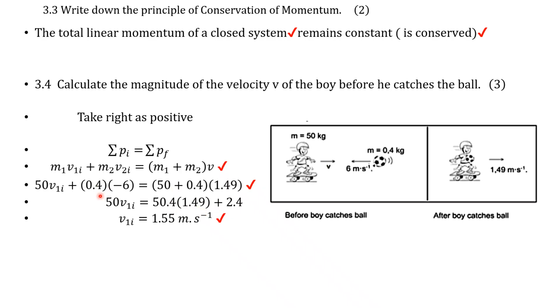If I multiply this out, the negative 2.4 becomes plus 2.4. Add that and divide by 50 and we get the initial velocity of 1.55 meters per second. That is for the boy on the skateboard. Now, let's look at the next question.